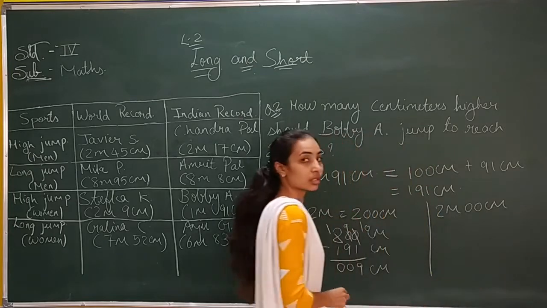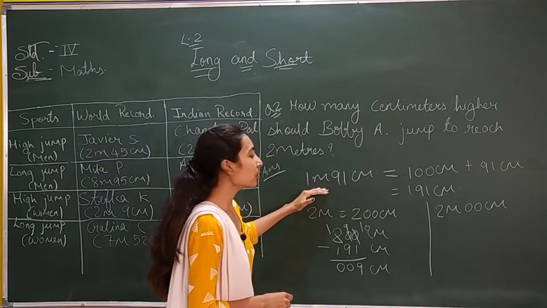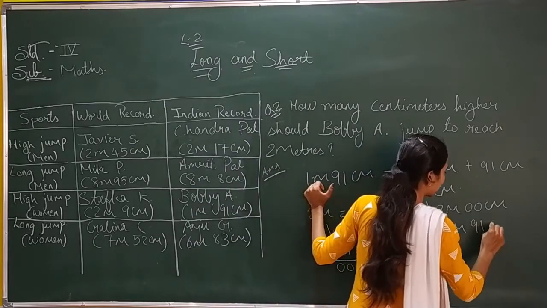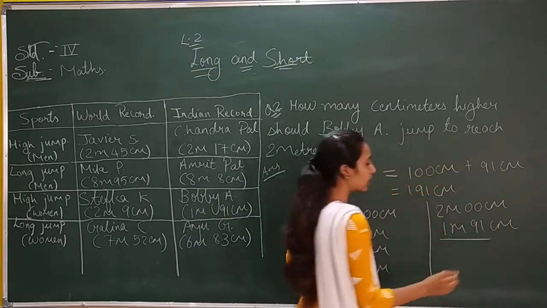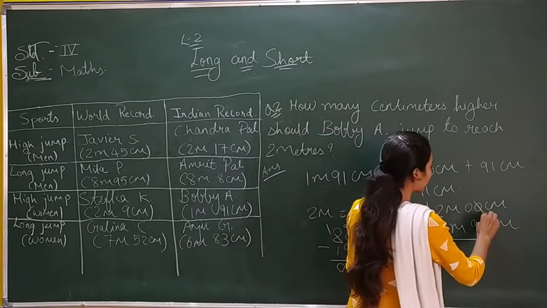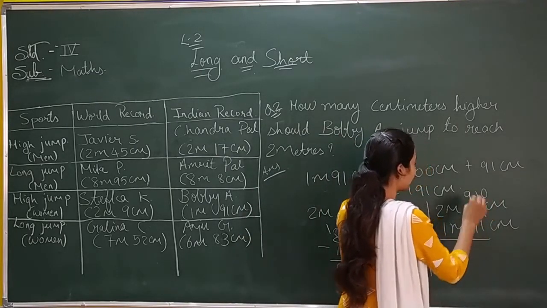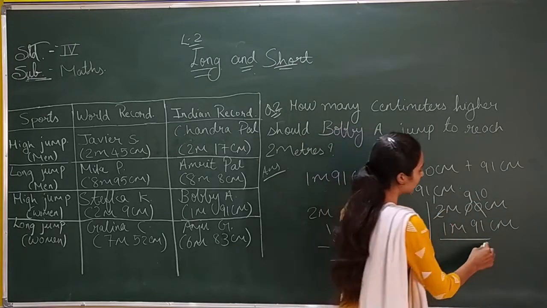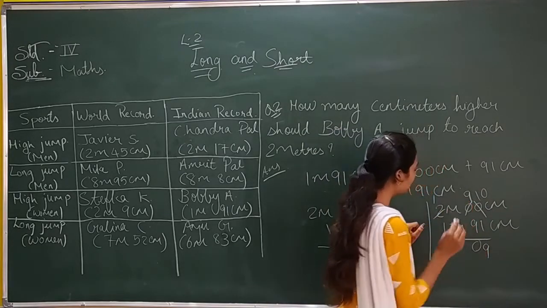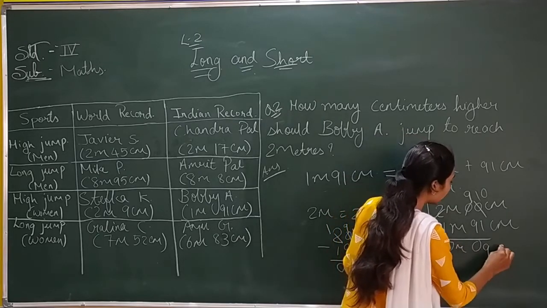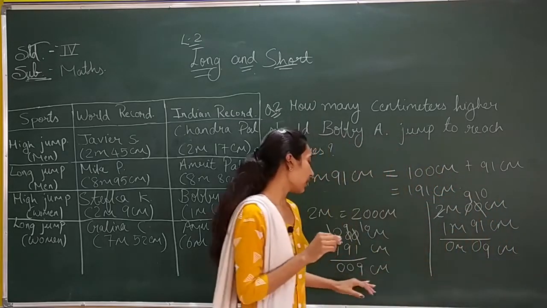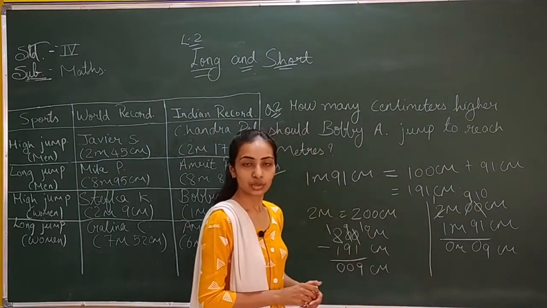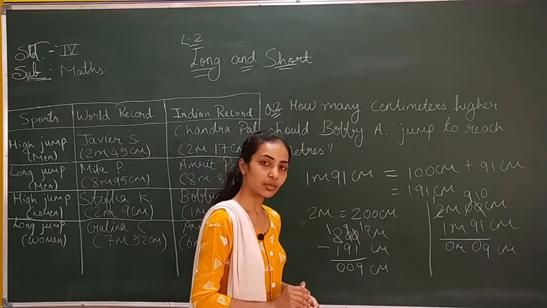We will write 2 meter 00 centimeter, and 1 meter 91 centimeter. 0 minus 1 is not possible, so here 10 and here 9. 10 minus 1 is 9, 9 minus 9 is 0 and 1 minus 1 is 0. So 0 meter 9 centimeter. We got the same answer in both, 9 centimeter. So to reach 2 meters she has to jump 9 centimeter more.